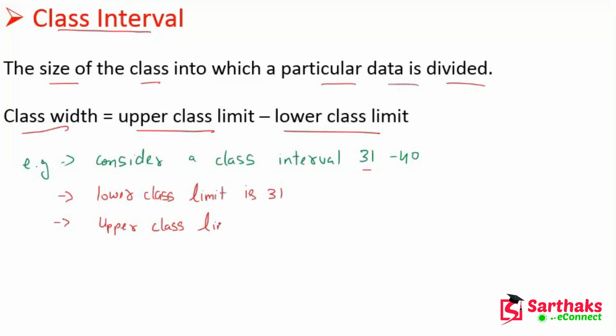If we want to find the size or width of the class, we can easily find it. Class width is equal to upper class limit minus lower class limit, so we can write it as 40 minus 31, and this is equal to 9. I hope you understand these things.